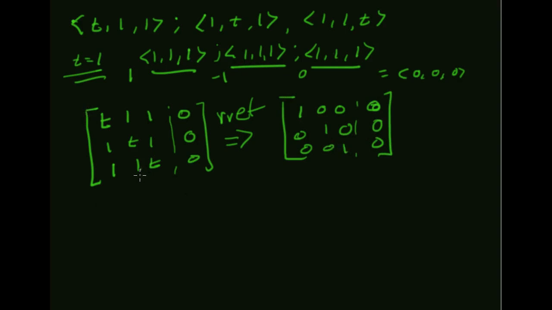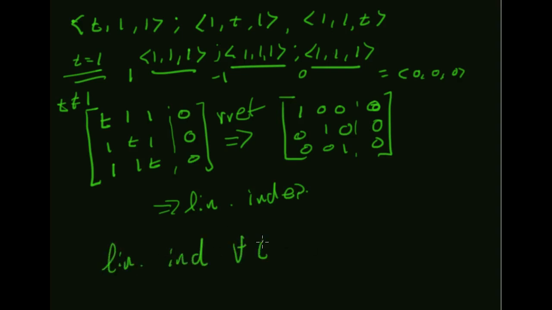Now you can put 1s in for the T and show that you're going to get linear dependence here. But if T is not equal to 1, this guy works, and this is linearly independent. So the answer to my problem here is I am linearly independent for all T, which are elements of the reals, such that T is not equal to 1. All right, there you go.